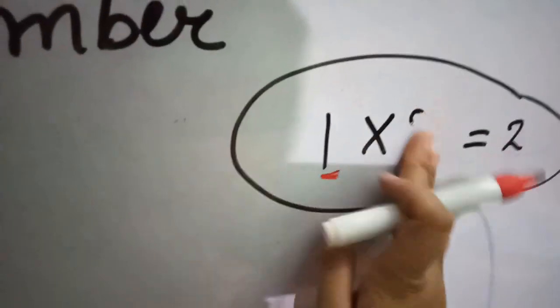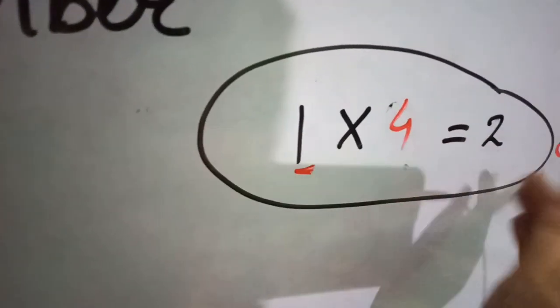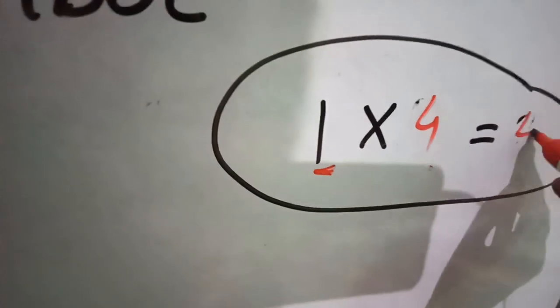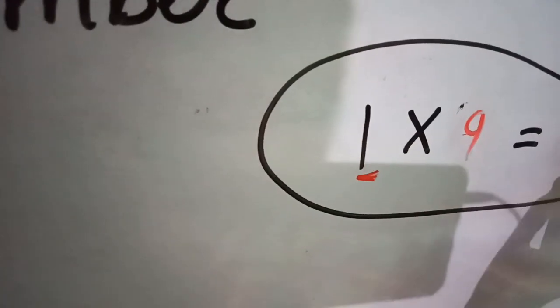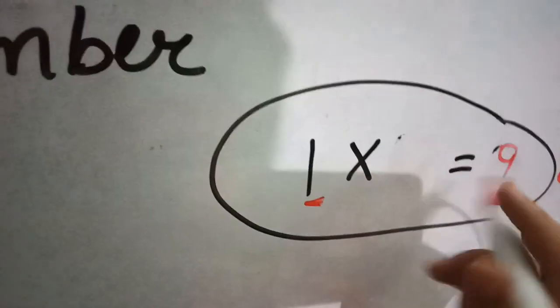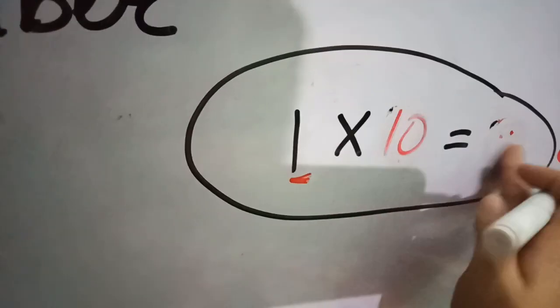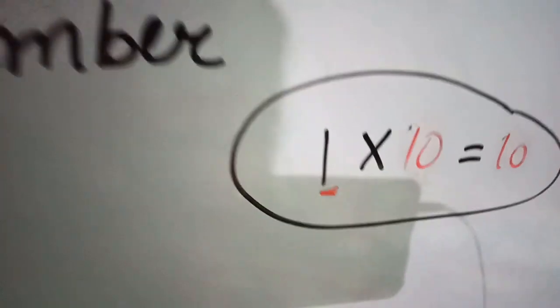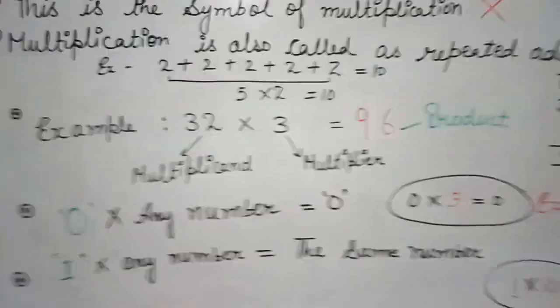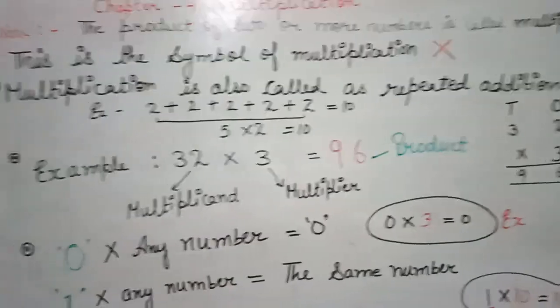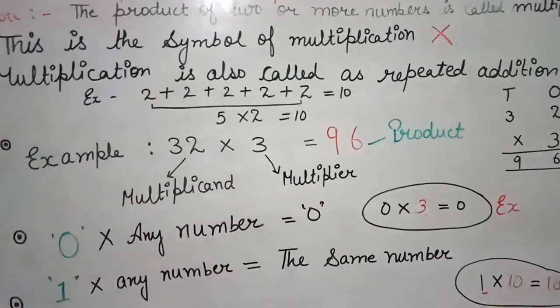If we write 4 here, 1 4 is 4. If we write 9 here, the answer will be 9. If we write 10 here, the product will be 10. So this is the introduction of our chapter, how to do the multiplication.